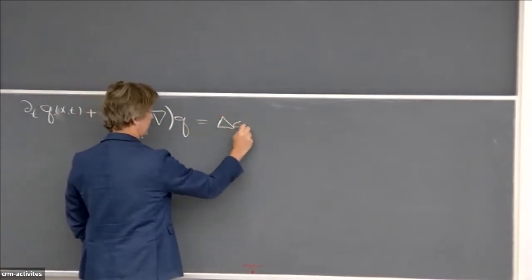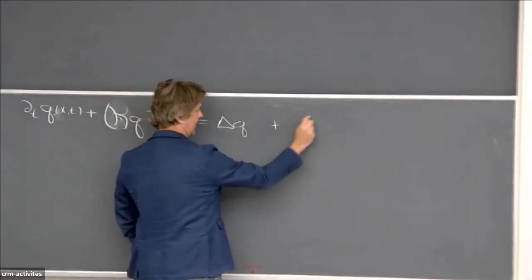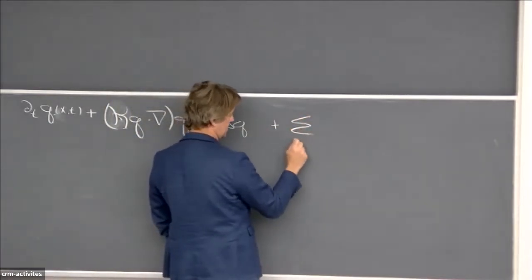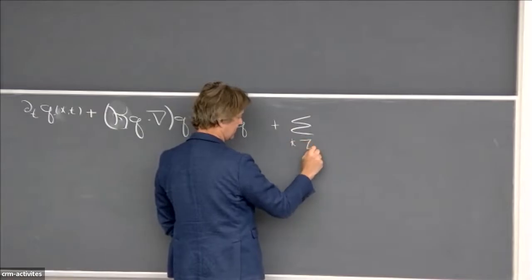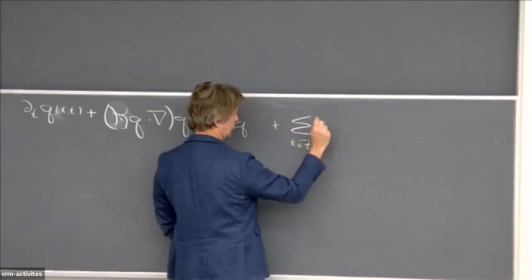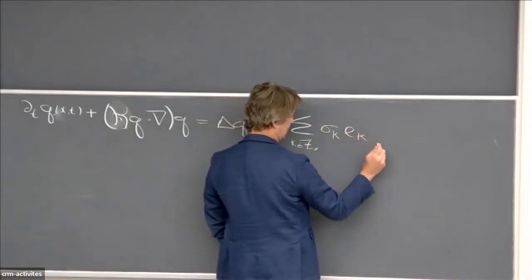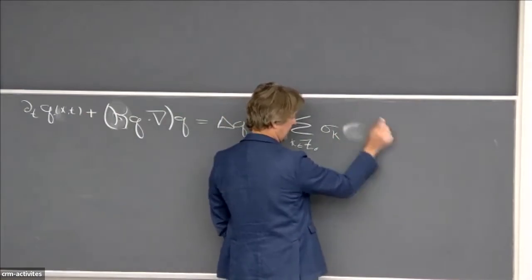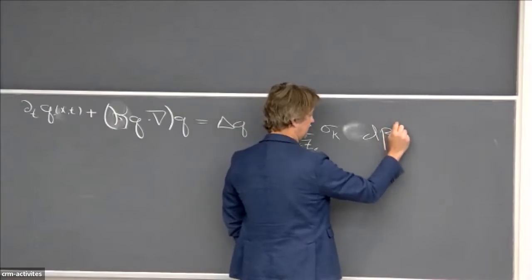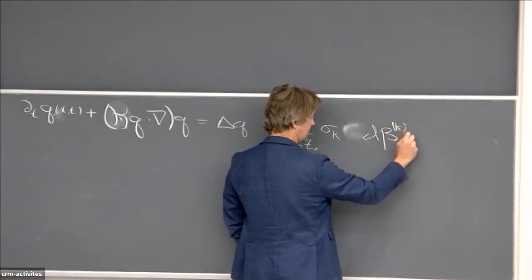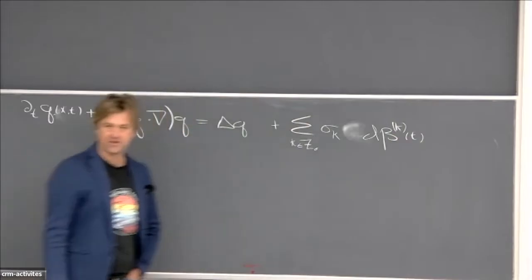It's the Laplacian of q, and then I have some collection of k's in some Z0, sigma k, d beta k t. So that looks like what I wrote yesterday, yeah?